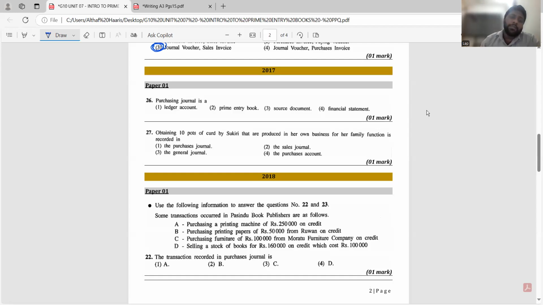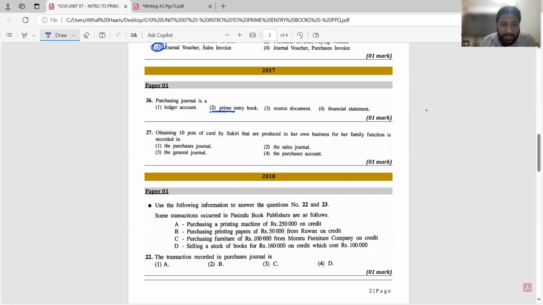Okay. Purchase journal is a prime entry book. Next one. Obtaining 10 pots of curd by Sukiri that are produced in her own business for her family function is recorded in R. This is a very good question.